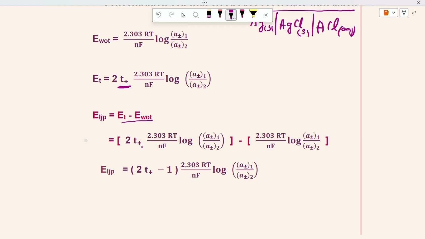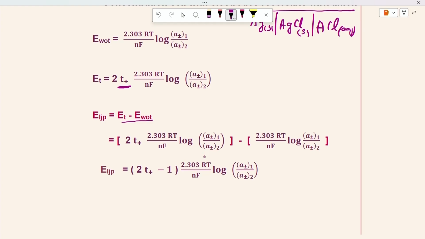That is 2T plus 2.303 RT by NF log mean ionic activity of 1 divided by mean ionic activity of 2, minus, and that represents without transference, you do not have the 2T plus, 2.303 RT by NF log mean ionic activity of 1 divided by mean ionic activity of 2.